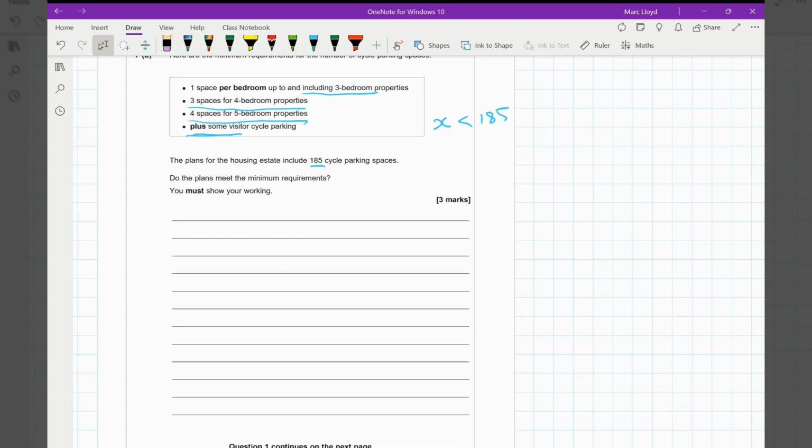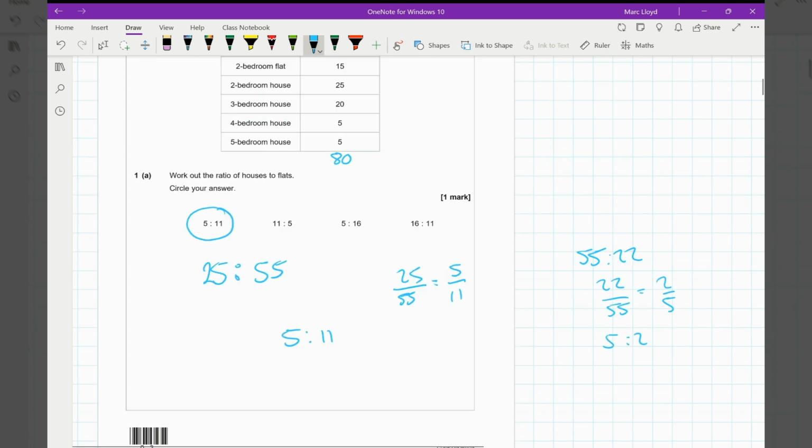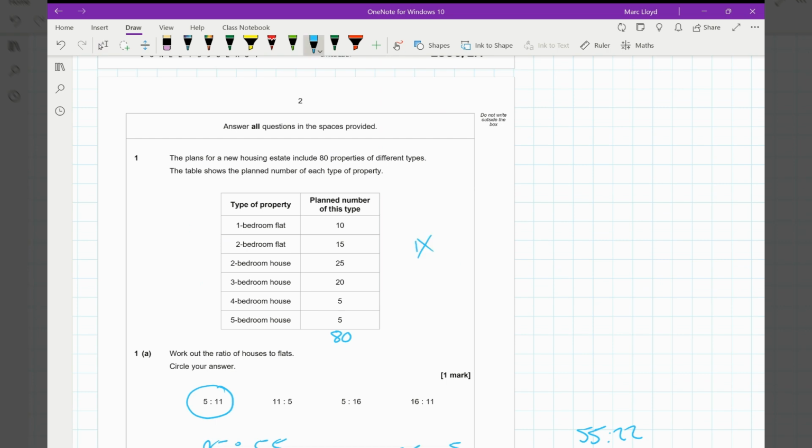So our first calculation is to work out how many of these properties we've got. So I'm going to put bed into there. 1, 2, 3, 4, and 5. Now we've got 10 1-beds. And if I scroll up, this is where I'm getting my information from. It's coming from this table here.